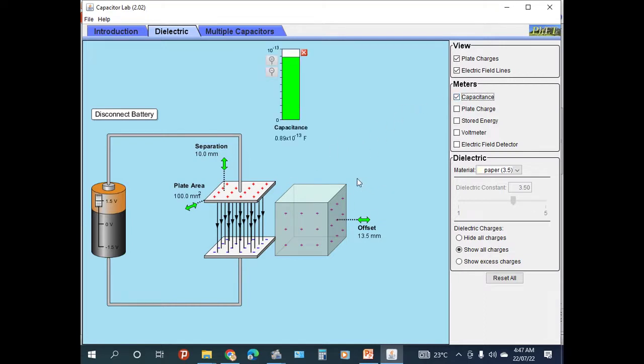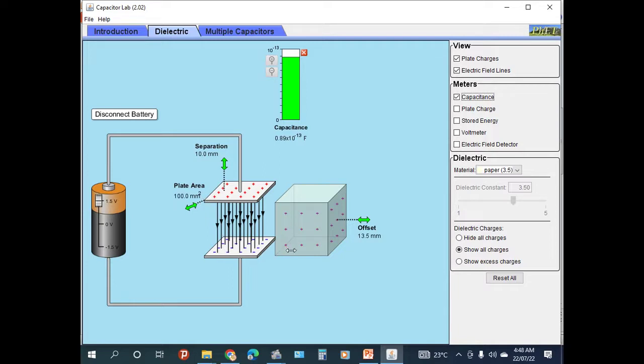And here the capacitance of the capacitor is 0.89 times 10 to the power of minus 12 farad. This is at a separation of 10 millimeter and a plate area of 100 millimeter square.